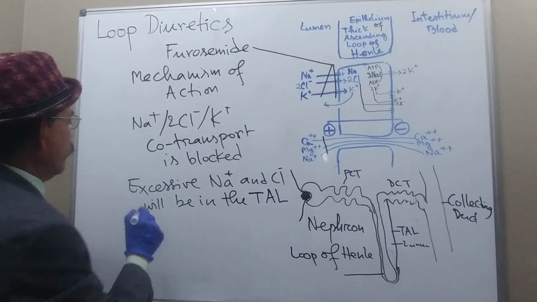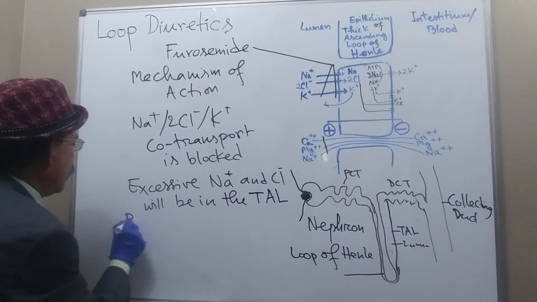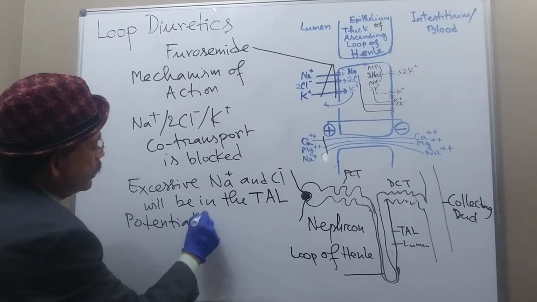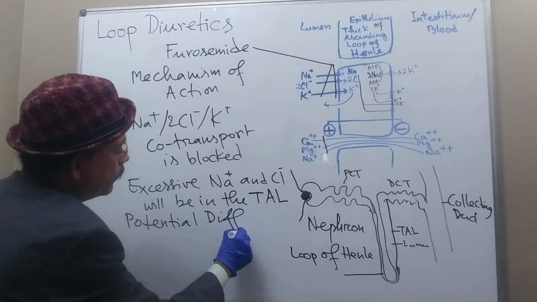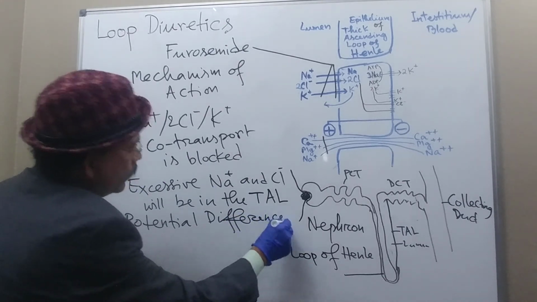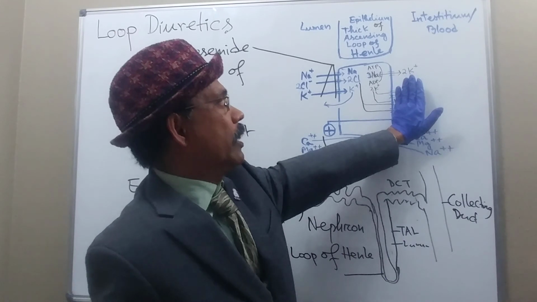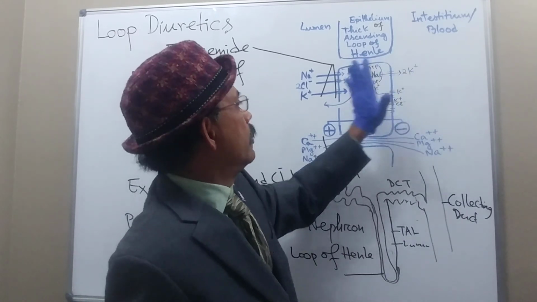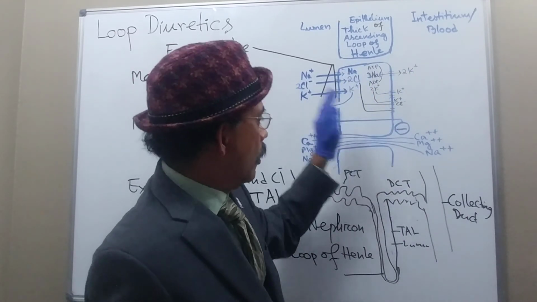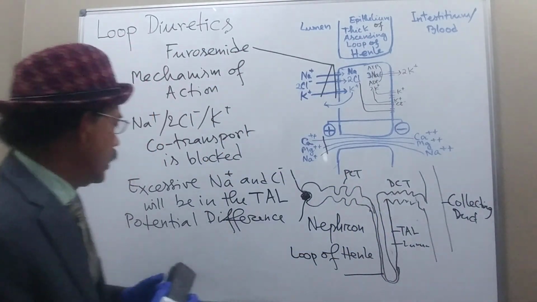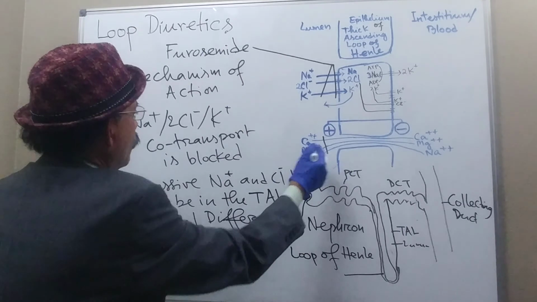Okay, so there will be potential difference between the luminal surface and basolateral surface of the epithelium of the thick ascending limb of loop of Henle. That will happen what?